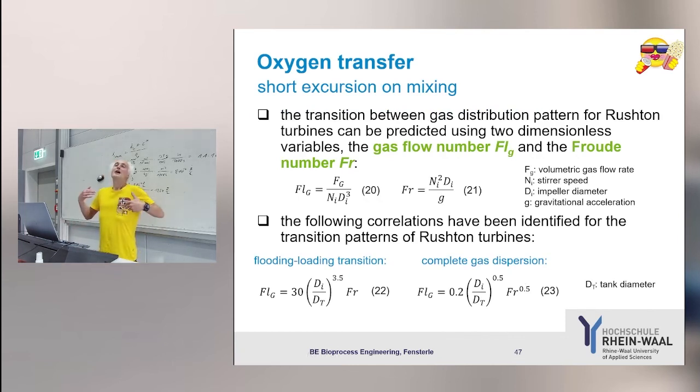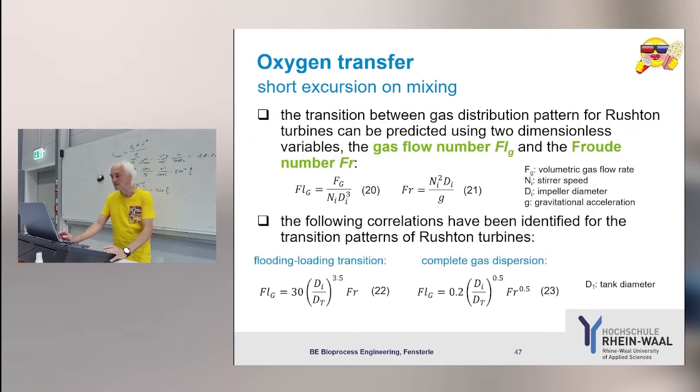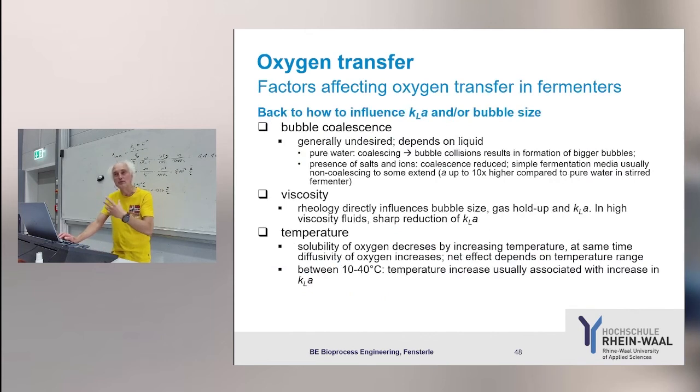Usually you know your reactor, so you know when this behavior occurs. You don't want impeller flooding, of course, where you have a slowly rotating impeller that never touches the liquid because you sparge way too much air through it. But if you know your reactor geometry, you can calculate when the problem might occur.